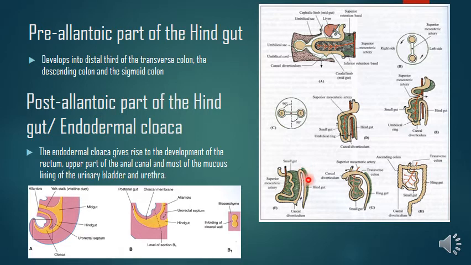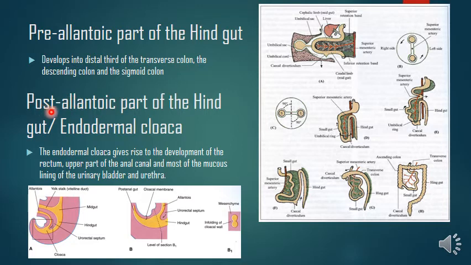This is all the descending colon part, the green thing you are seeing. So here the dorsal mesentery is disappearing, whereas for the sigmoid colon it will persist to form the sigmoid mesocolon here. For the descending colon it is all retroperitoneal, right? There is no mesentery posteriorly, so the descending colon becomes retroperitoneal, whereas in the sigmoid colon the dorsal mesentery will persist to form the sigmoid mesocolon.